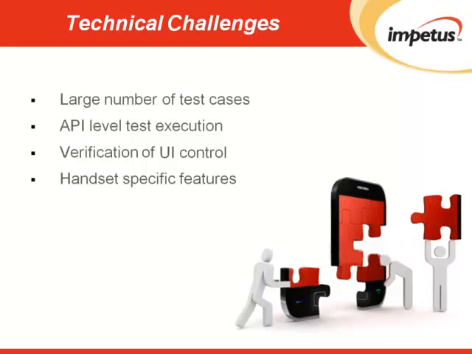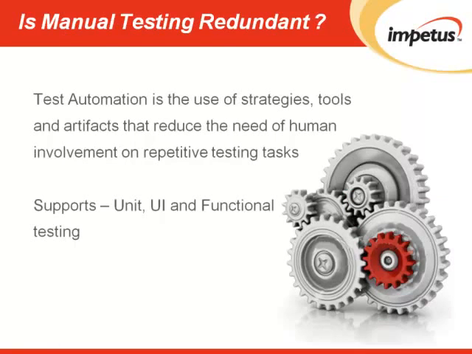So let's move to our next slide where I'll talk about the testing automation itself. This is the time of smartphones and tablets. Mobile phones have come a long way from the days of your basic handsets and so has the corresponding ecosystem. These ecosystems are evolving mostly in the same manner as that of the desktop world.